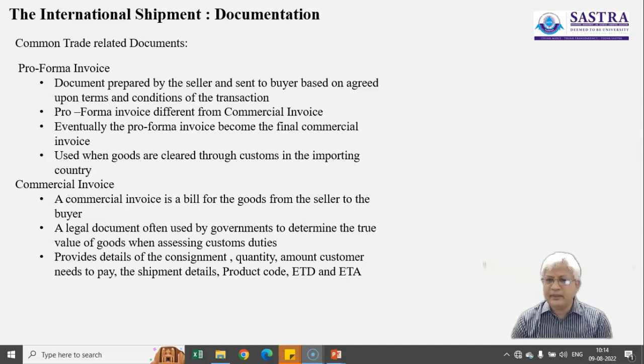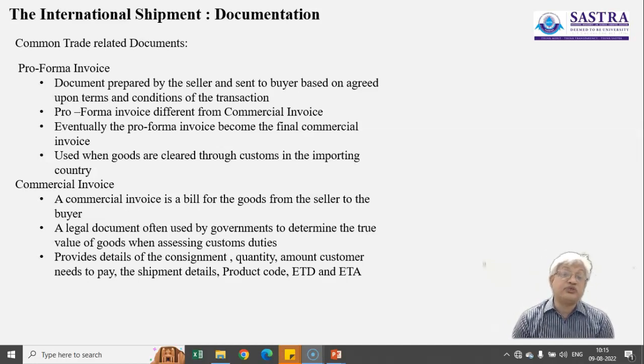At the time of the commercial invoice, the goods are packed and may be loaded in the vehicle or the transportation mode the buyer and the supplier agreed upon, and the details of the weight or the mode of transport, what we call in international trade the mode of shipment, are also given.